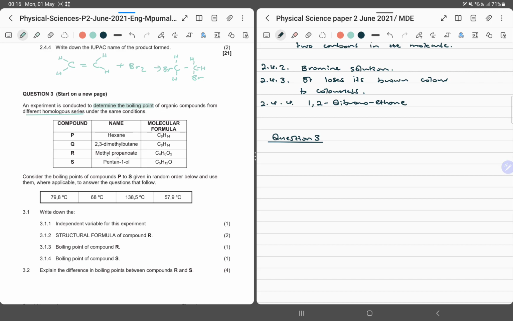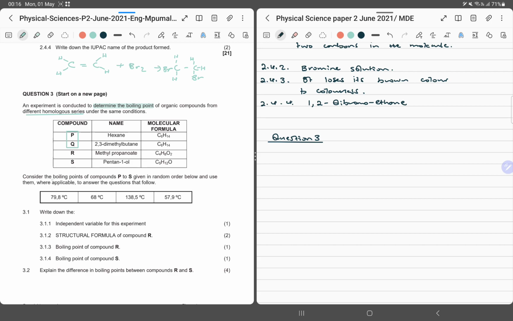Methyl propanoate has nothing to do with pentan-1-ol. They are not even chain isomers. The first two are chain isomers, but the last two have no relation per se.